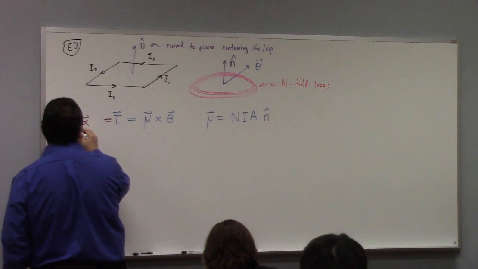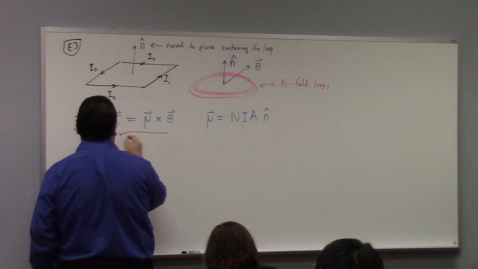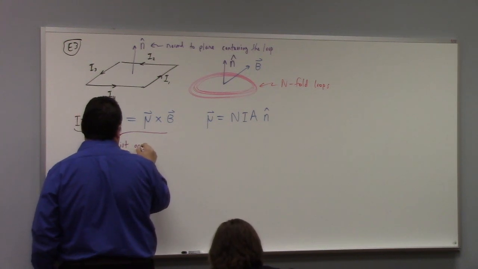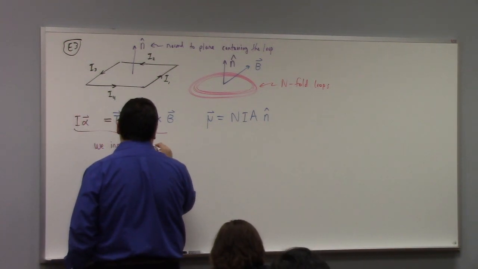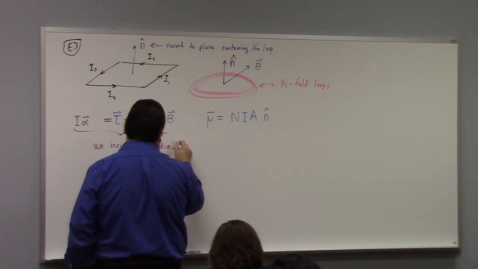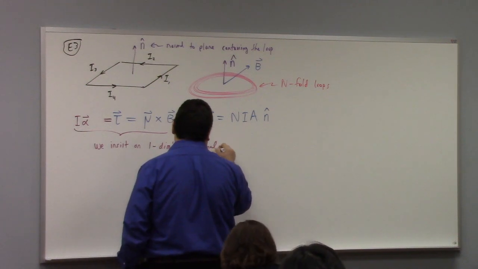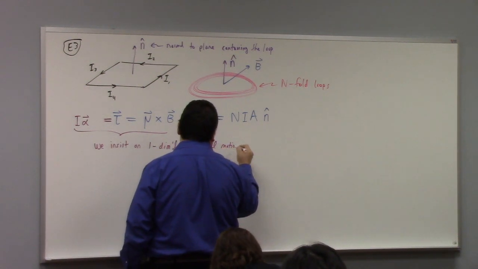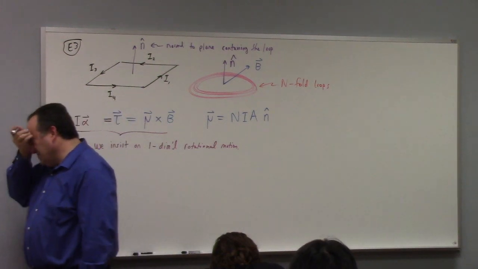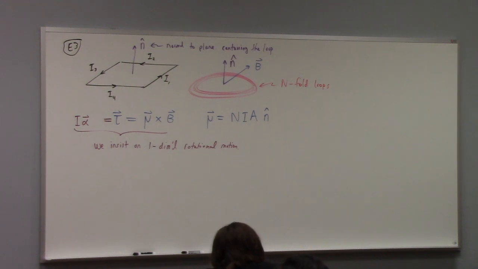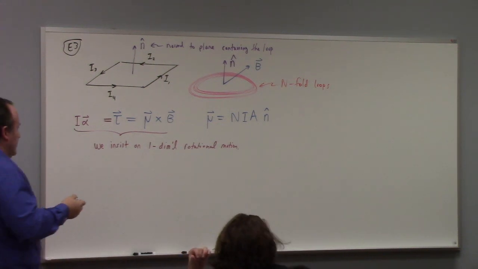Now, okay, so for us, we insist on essentially one-dimensional rotational motion in this course, which means that we're only going to entertain torques which happen to align with the axis of rotation, right? Because that's the only place we can do the math without getting into the full inertia tensor and all that junk, which we don't know about, so we don't do that.